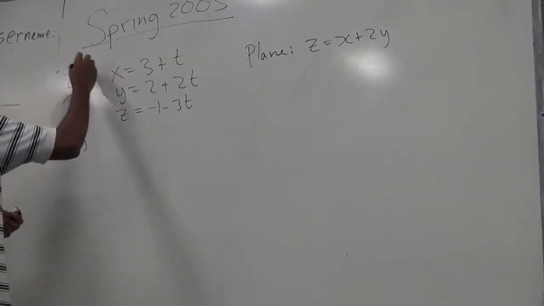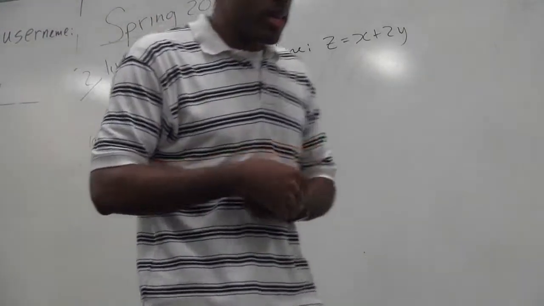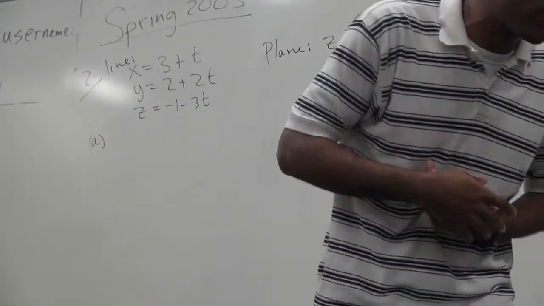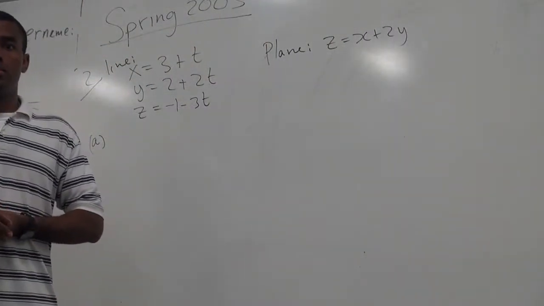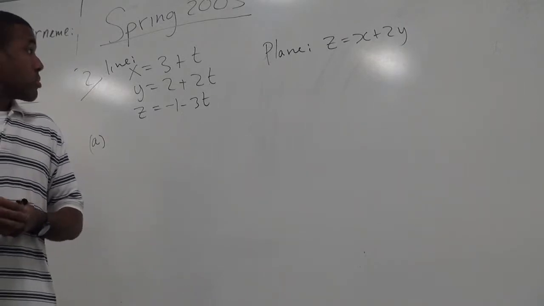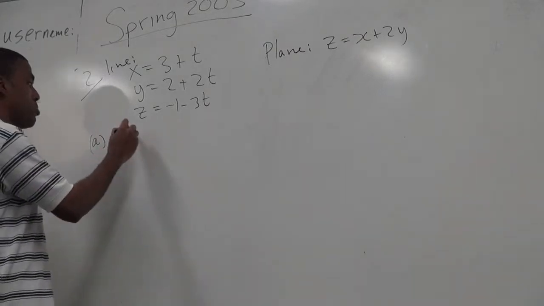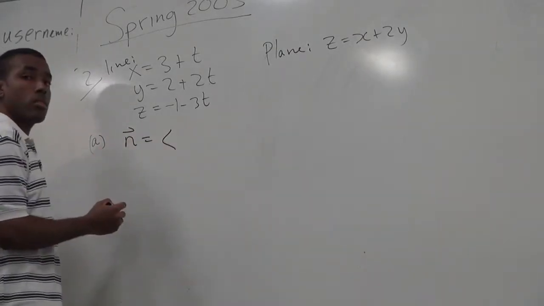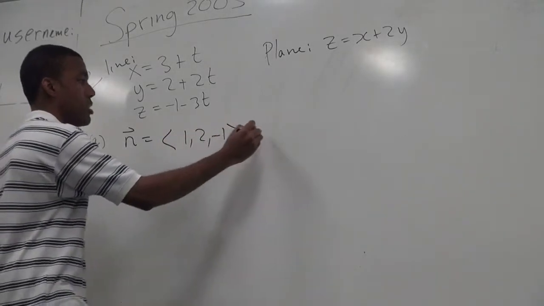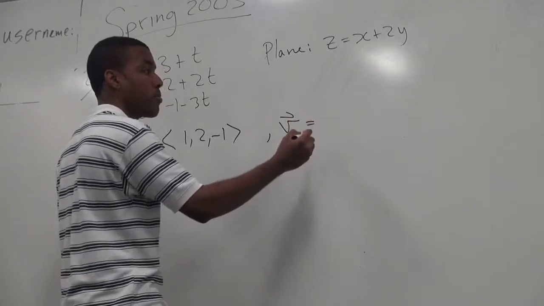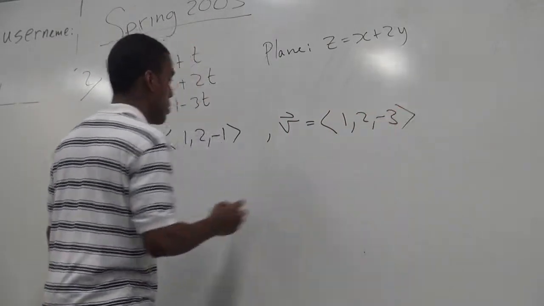Okay, so this is a line, and that's a plane, and they said, part A, show that the line is not perpendicular to the plane. How do you show that? Use the normal vector of the plane. So the normal for the plane in this case is 1, 2, minus 1. And the direction vector for the line is 1, 2, minus 3.